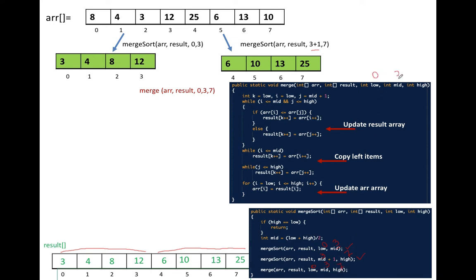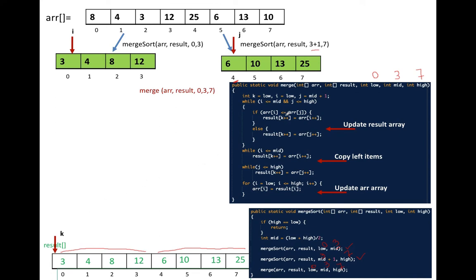So 0, 3 and 7, and correspondingly we update the value of i, j and k. So this is my i and j. i is pointing at index 0 because i equals low, and the value of low is 0. j is pointing at mid plus 1, that is 3 plus 1, that is 4, at index 4, and this is my k.